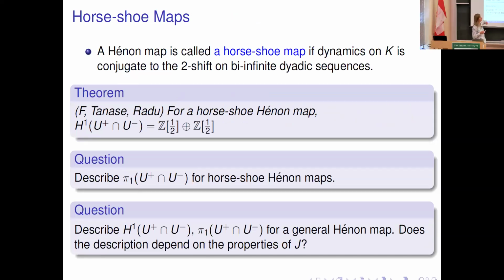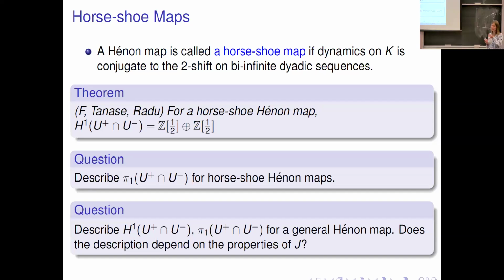Now I'm not going to give a complete description, but I'm going to give some results about the intersection. I want to look at a Henon map that is a horseshoe map. The horseshoe map means the dynamics is conjugate to the shift on bi-infinite dyadic sequences.